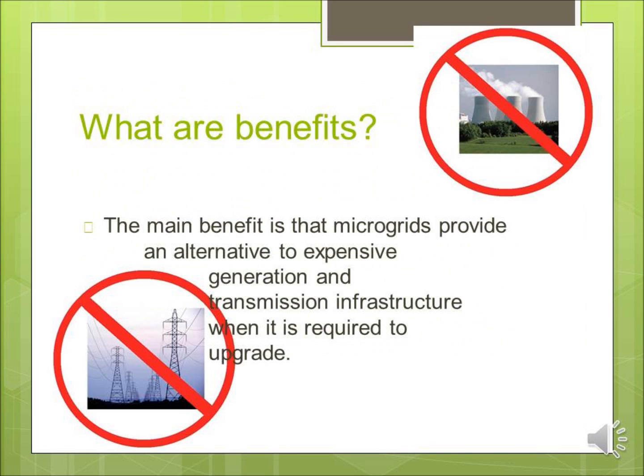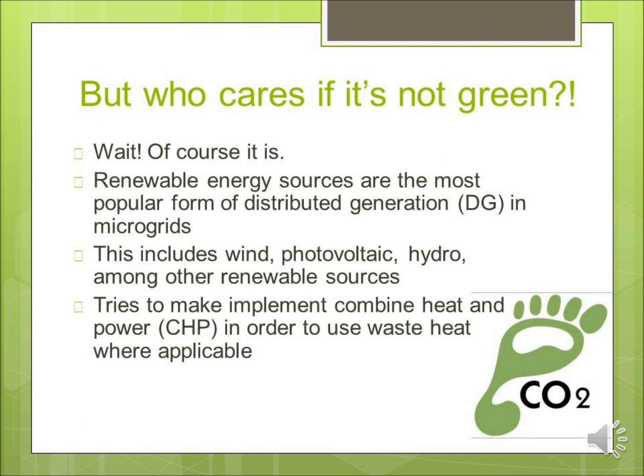The main benefit of microgrids is the money saved from not having to build expensive generation and transmission infrastructure to keep up with the growing energy demand. Most microgrids use renewable forms of energy and try to implement combined heat and power to increase efficiency.